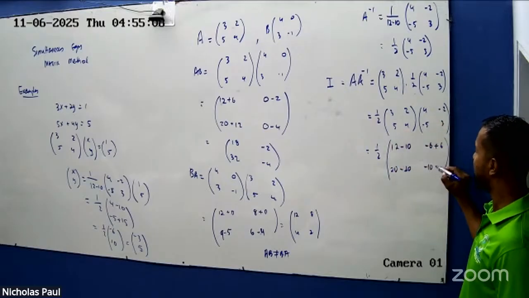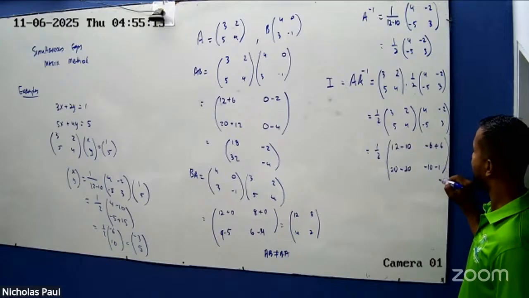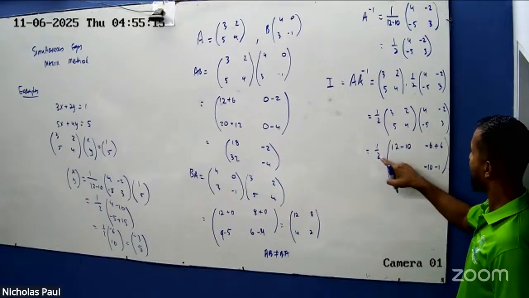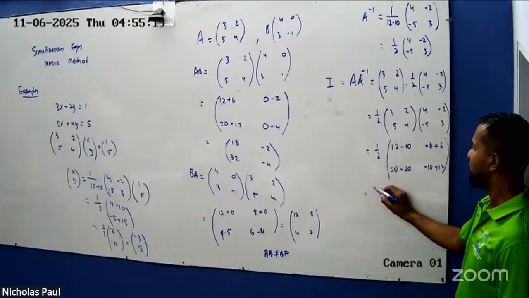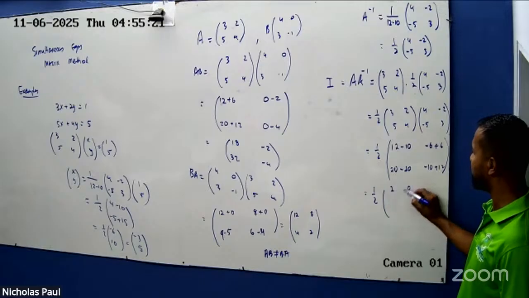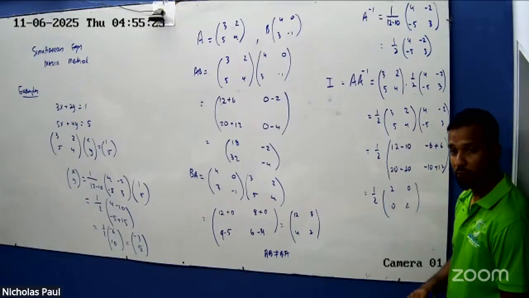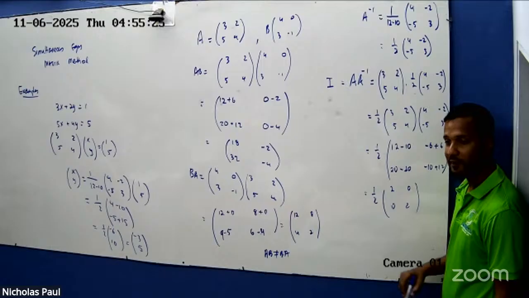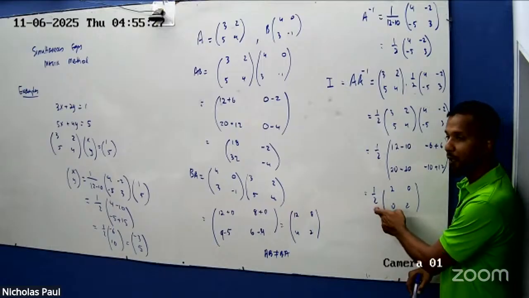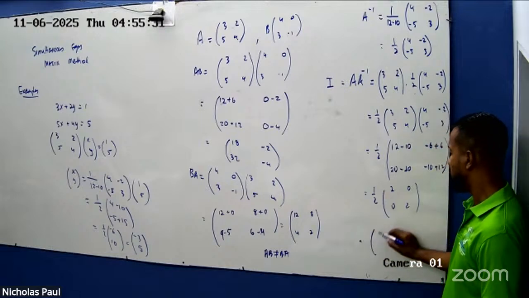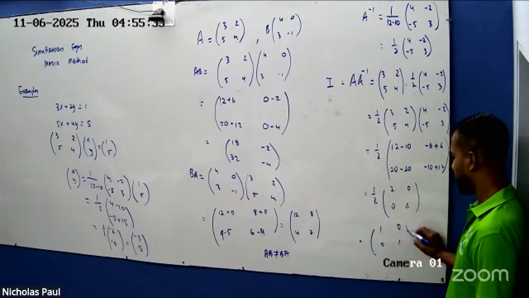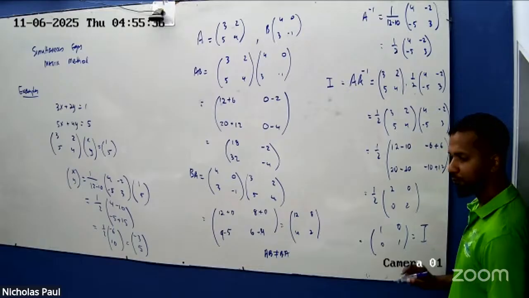Minus 10 plus 12, right? So that'll be a half by 2, 0, 0, 2. Right? What do I do next? Multiply a half by each of the values, which is I.